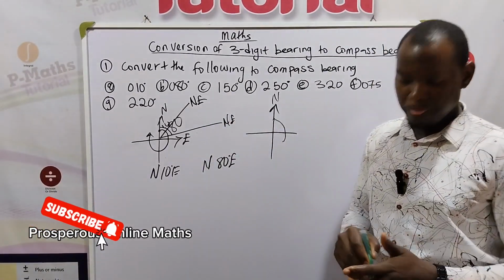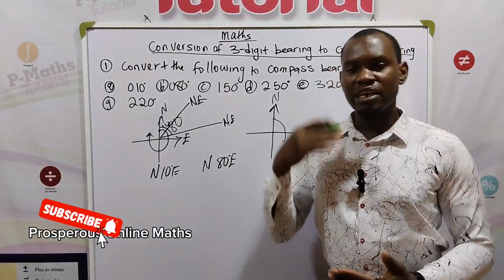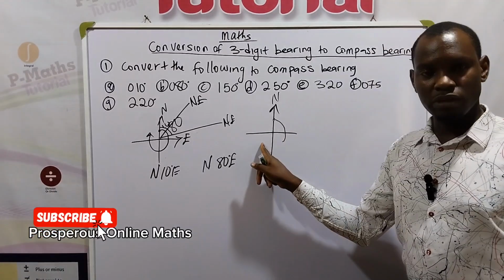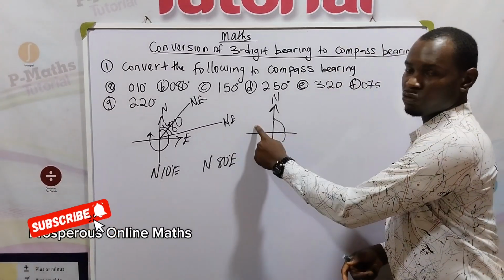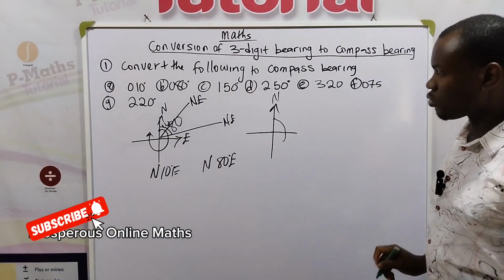How do I know? Angles that are bigger than 90 have entered the second quadrant. If the angle exceeds 180, it has entered the third quadrant. If it exceeds 270, it has entered the fourth quadrant. So 150 is within 180 and therefore should be in the second quadrant.